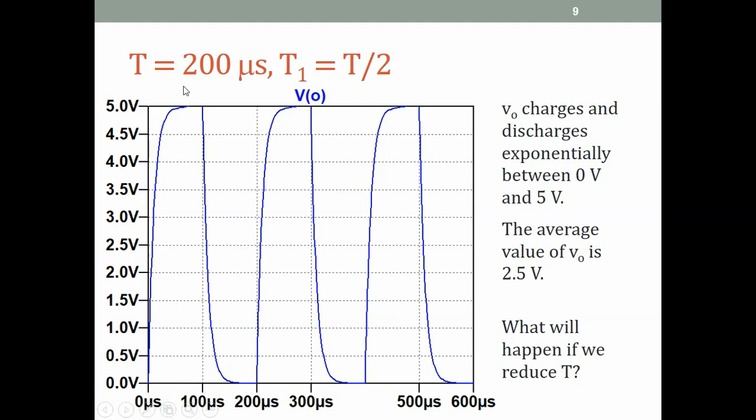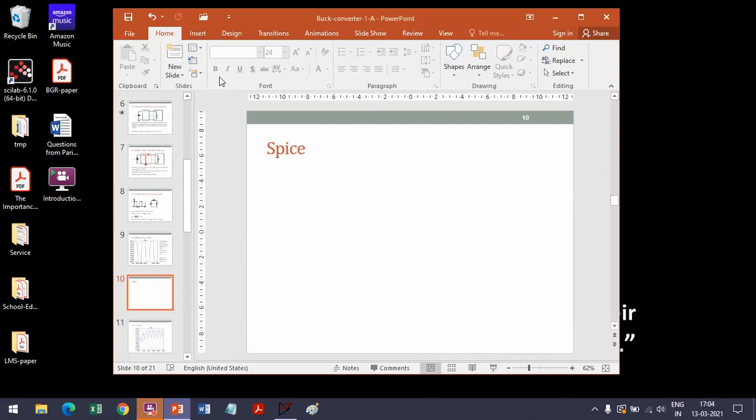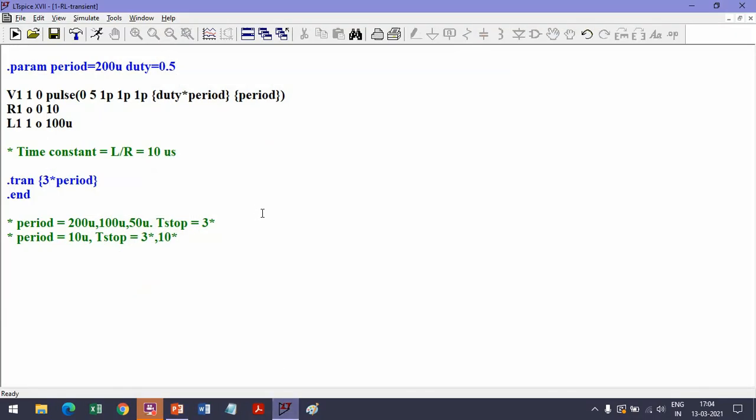So what happens as capital T is reduced? In fact, you may want to pause and think about it before proceeding further, but I'll proceed here. Let us look at some SPICE just to find quick answers. We'll do SPICE simulations. So this is our circuit.